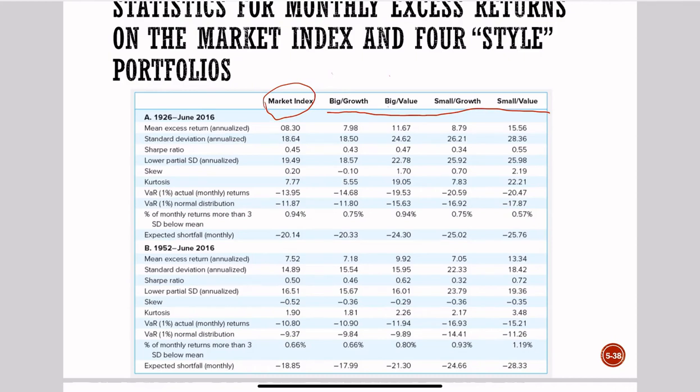And we learned about the difference between value and growth in the equity chapter, right? One measure of value versus growth is the BM ratio, right? So we could use book value versus market value to measure whether a firm is a value firm or a growth firm.